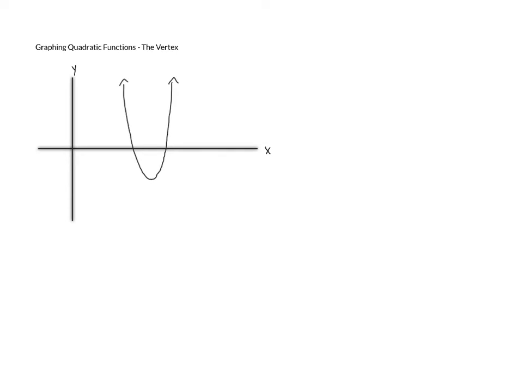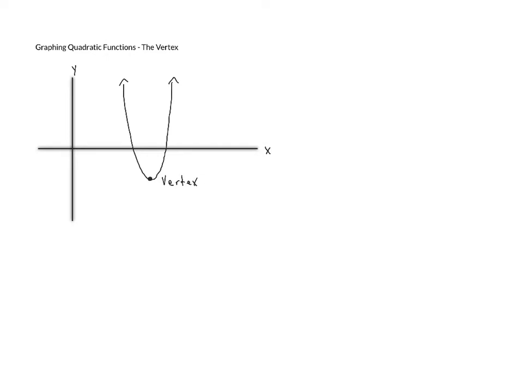Now, every parabola has a point that's called the vertex. And that point is the lowest point on the parabola if it's opening upward, or if it's opening downward, it's the highest point. It's basically the point where the parabola is changing directions.